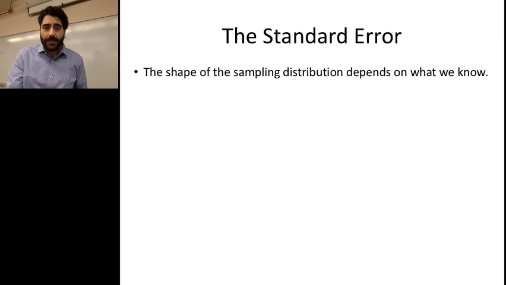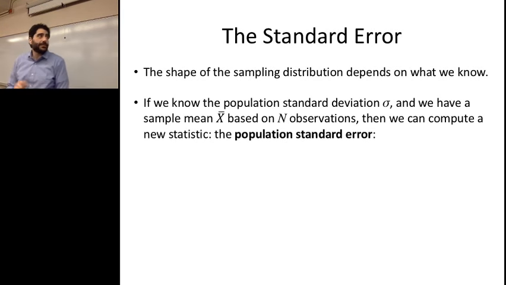Okay, so the shape of the sampling distribution is going to depend on the size of our sample. At least if we know what the population standard deviation is, and again, any population distribution has a standard deviation. It doesn't have to be a normal distribution. We can compute the standard deviation for any distribution.